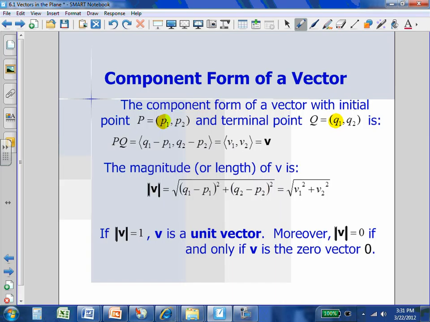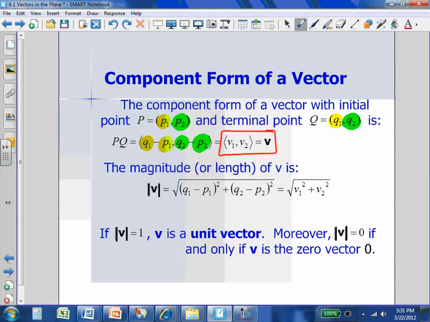we are going to be taking the horizontal components that we have here, and we're going to be subtracting them. It's like subtracting your x values. And then for the other part of it, to know the vertical component, we will look at the y values of our initial and terminal points, and we'll be finding the difference between those two, and that gives us our official component form of our vector.